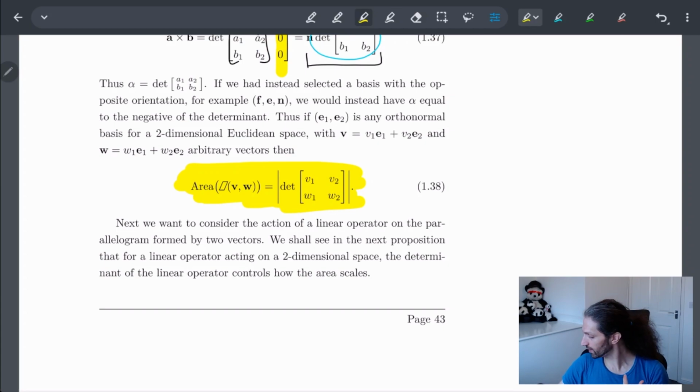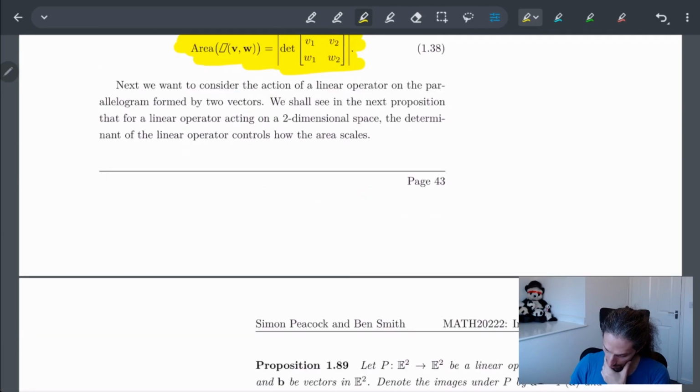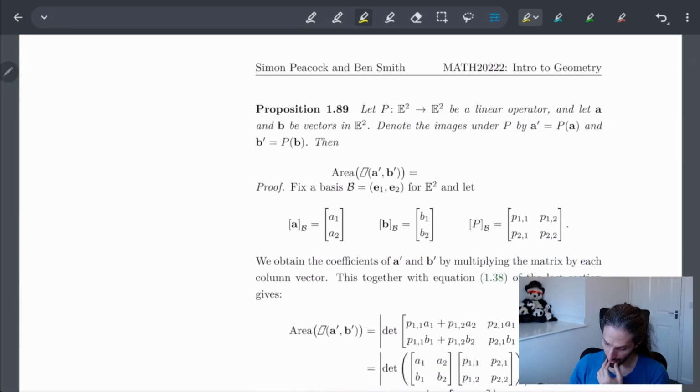Before we finish, there's only one proposition left, so I'm just going to finish it up. We're going to talk about a linear operator on the parallelogram. It turns out that this linear operator is determined by our cross product.